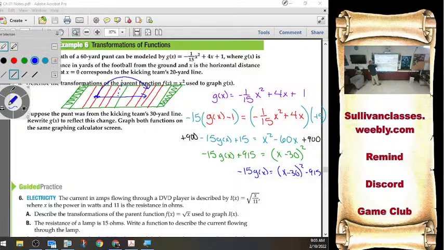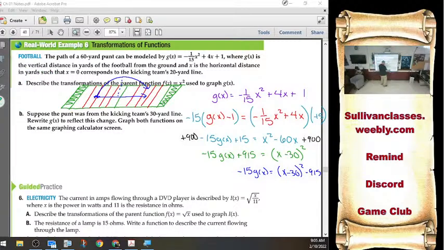Divide everything by a negative 15. Getting g of x is a negative 1/15 (x minus 30) squared plus 61.